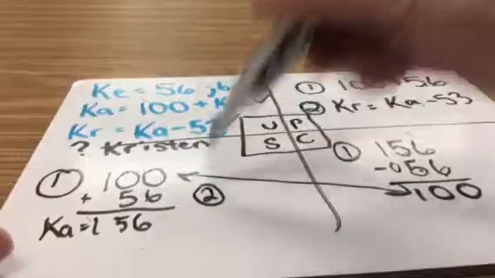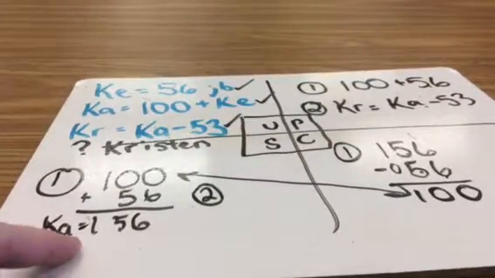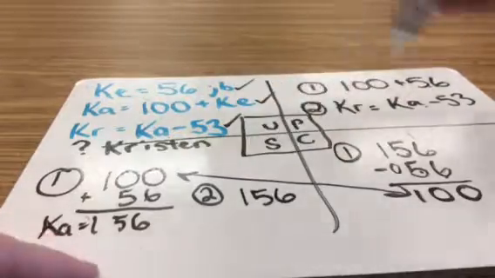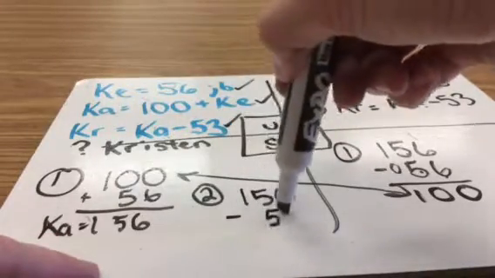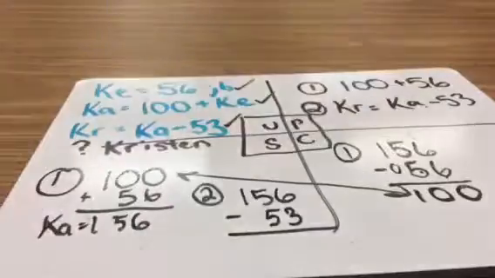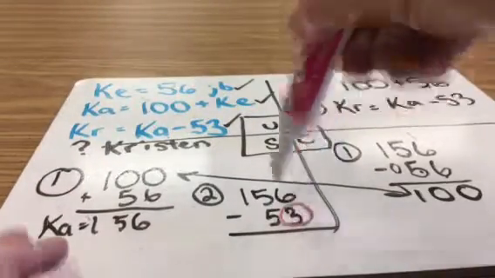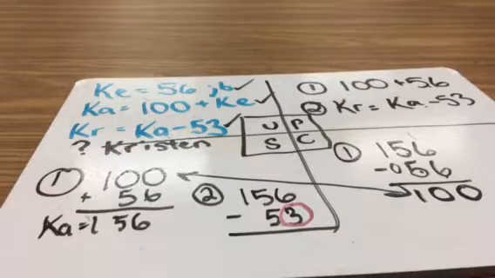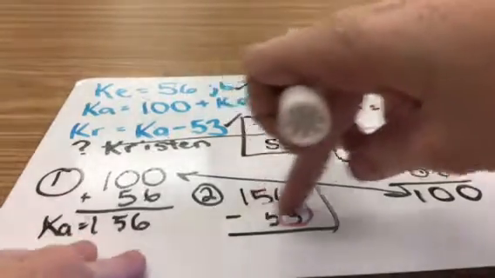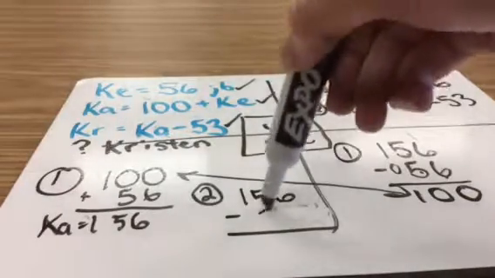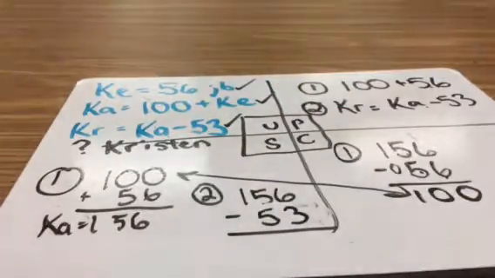Okay, now I can do step number 2. Step number 2 says Kayla, which is what we just figured out, 156, and we're going to do 53 less than that. Okay, so here we go. I circle where my bigger number is. There is more on the, oh my goodness, Miss Swadley, goodness gracious. I was just so excited to be regrouping that I wasn't even paying attention.